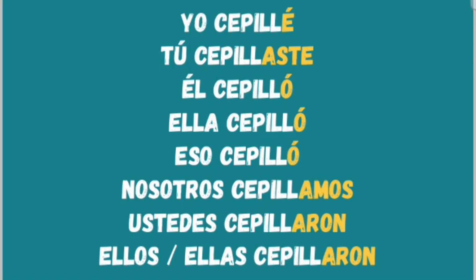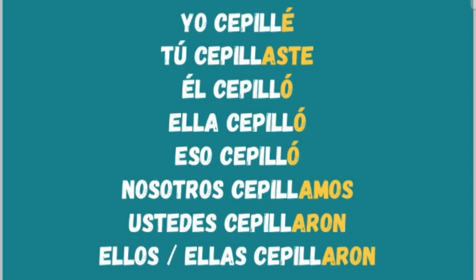To say she brushed, you have to say ella cepilló. Ella cepilló. Now if you want to say it brushed, in Spanish you have to say eso cepilló. Eso cepilló.